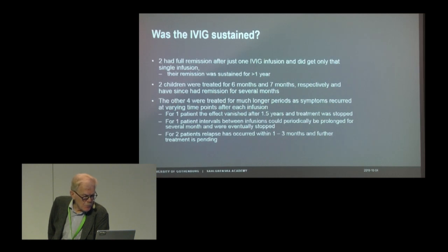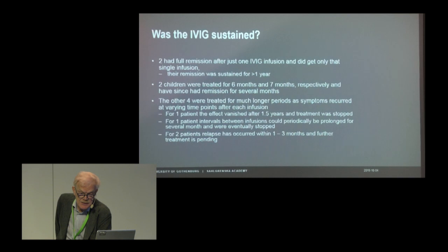For 1 patient, intervals could be periodically prolonged to several months and then eventually be stopped. But for 2 patients, relapse has recurred within 1 to 3 months after, and further treatment is pending. They obviously are dependent on the treatment.